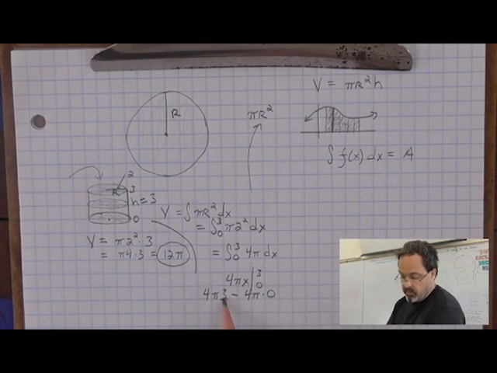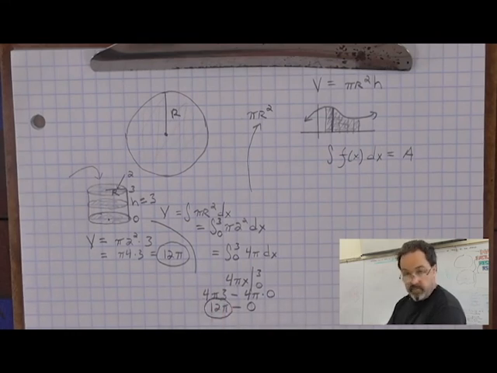This first term is 3 times 4 times pi, or 12 pi. This second term that we're subtracting is 4 times pi times 0, which is 0. And we could ignore subtracting 0 and get 12 pi, which is what we should expect.